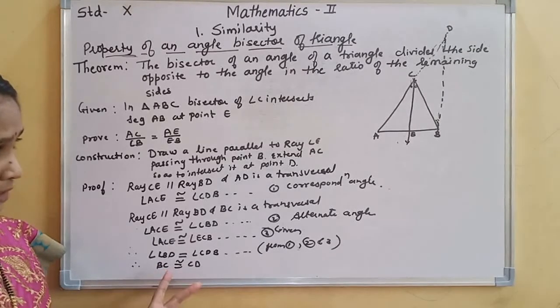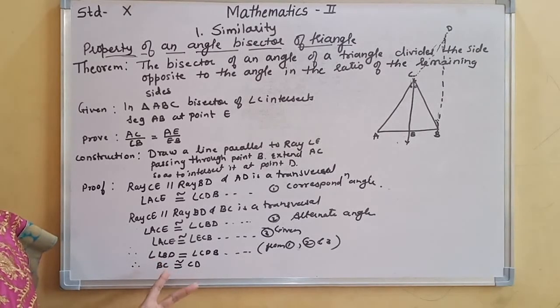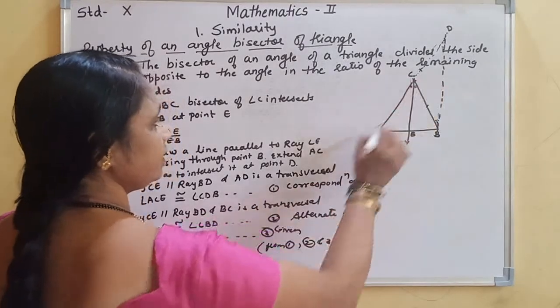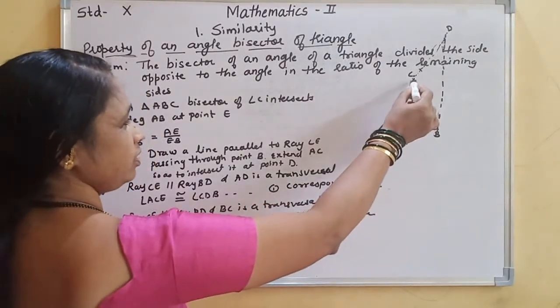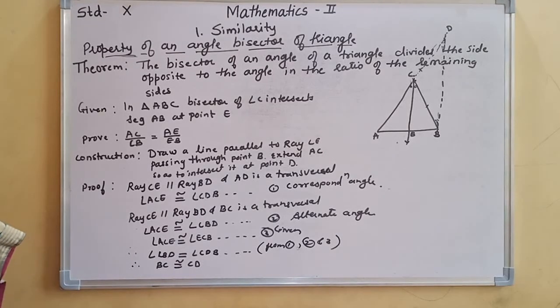Now as these two sides are congruent, in triangle ADB, what will happen? As this side and this side are equal, we have said CE is parallel. In triangle ABD, we have said that EC is parallel to BD. We have constructed that. If it is parallel, then by the basic proportionality theorem, what can we say?